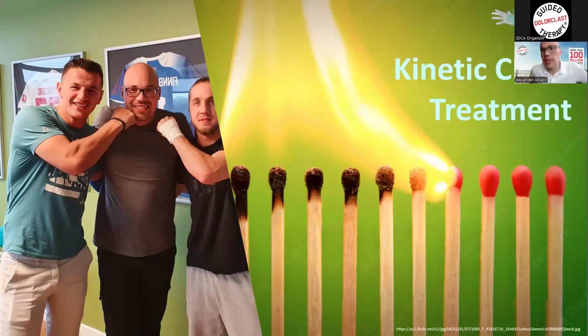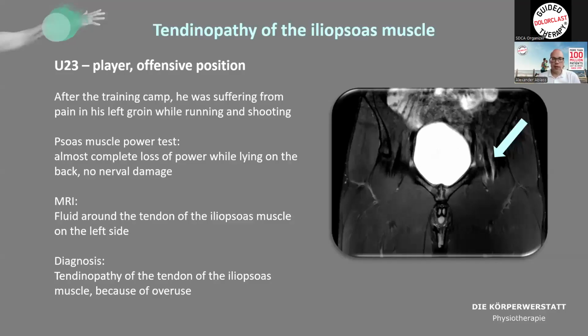We're talking about kinetic chain treatments. This is very special. So far, we were treating indications always on the spots where we have the problems. I will show you something different. We're talking about tendinopathies of the psoas muscle.